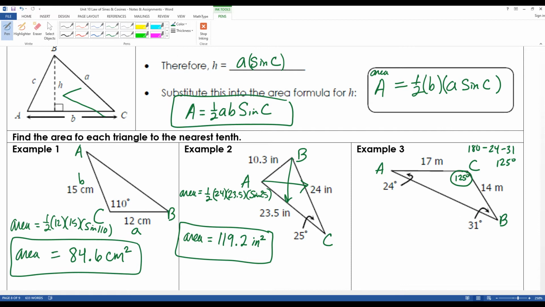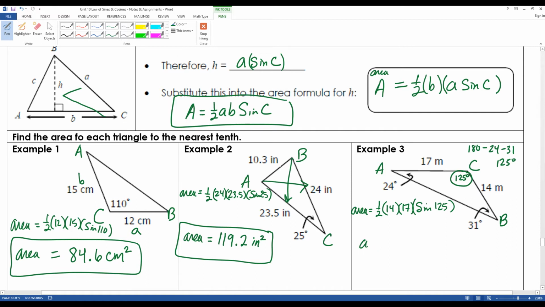So I have to use this angle 125. So the area, let's write it out. The area is 1/2 times A, which is 14, times B, which is 17, times the sine of C, which is 125.